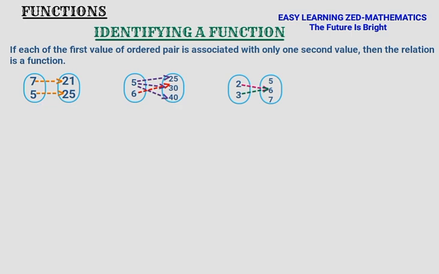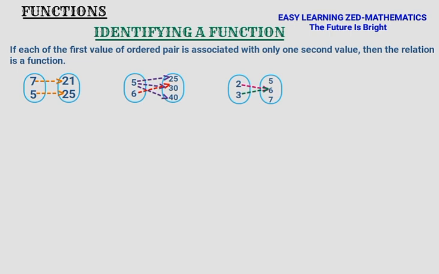These are the arrow diagrams I have prepared, and they are presenting a relationship of these elements in these two different sets. Let's start with the first pair where we have 7, 5, 21, and 25.